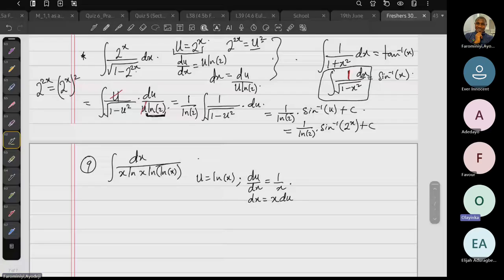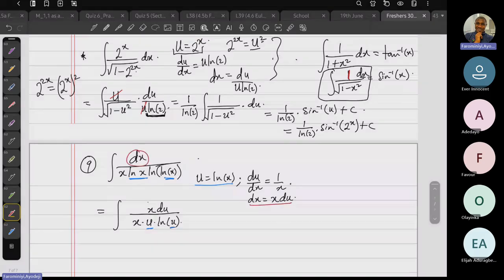Yes, sir, it's clear. So this is now going to be equal to x du over x times u times natural log of u. Because we have said u equals natural log of x. So this will give us this, and this will give us this, while this is this.